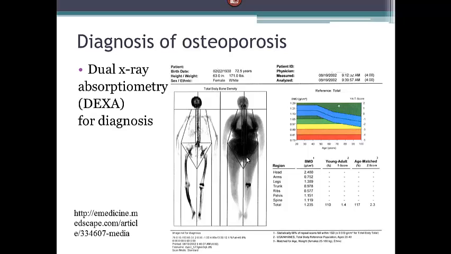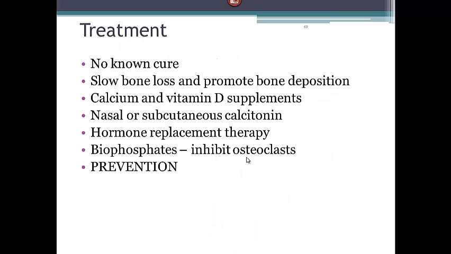You could also use anabolic drugs. There's no cure. What we're trying to do is slow osteoclast formation and bone loss and promote osteoblast activity and bone deposition and formation. And this is basically the treatment that we just discussed.